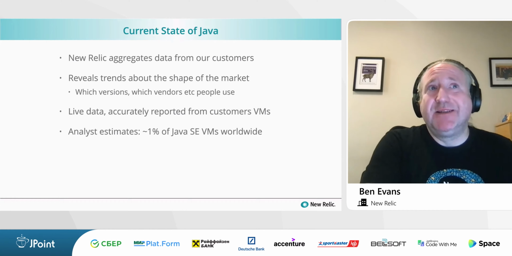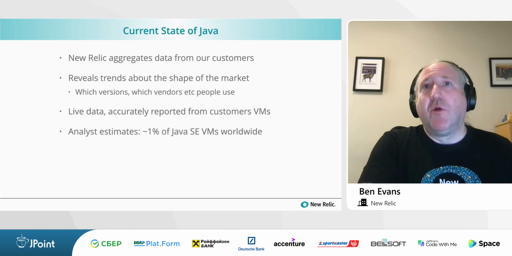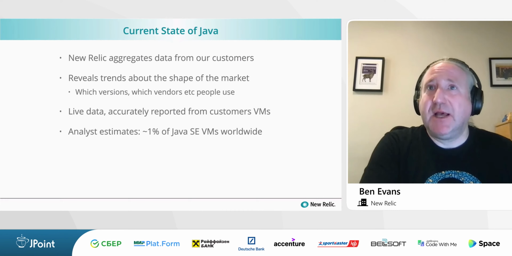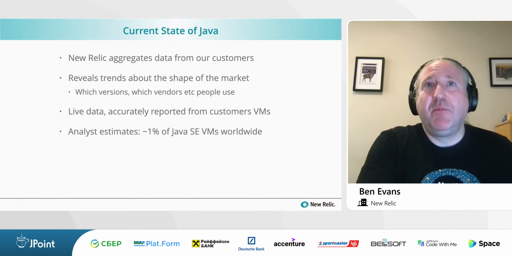This is live data, literally up to the second data, and it is accurately reported from our customers' VMs. We are not relying on people to return a survey. We are not relying on people to tell us what they're using and have to believe them. We know what they're using because it's not the people that have told us, it's their actual production installations.